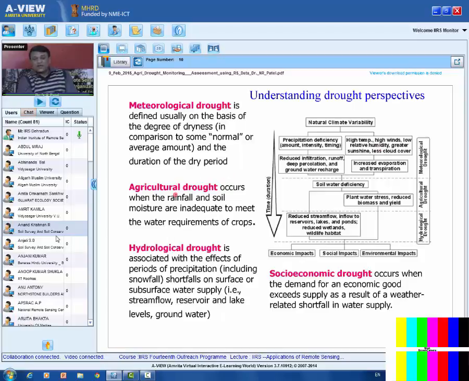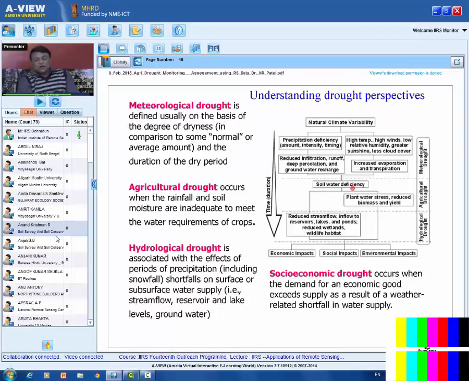But in the case of agricultural drought, one needs to take into account the relative availability of moisture in the root zone as well as the retention capacity of soil. If clay soil is there, which has high retention capacity, it can resist drought.